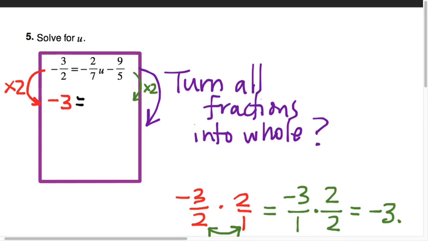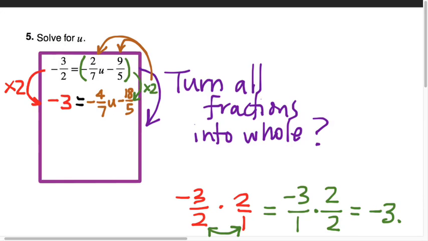I'll have to multiply, let's put it in parentheses, both of the terms in this expression by 2. And -2/7 is going to turn into -4/7. I'm going to skip over that fraction multiplication there. -9/5 is going to become -18/5.